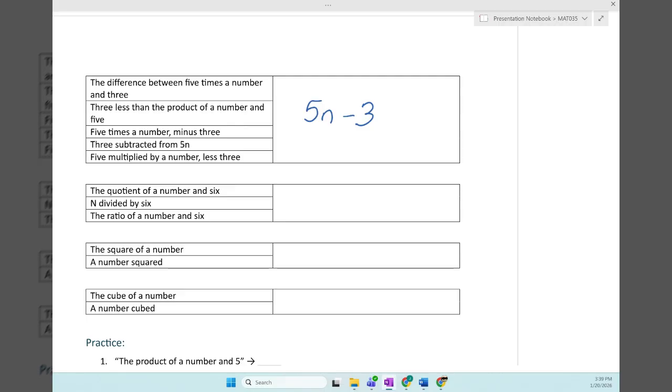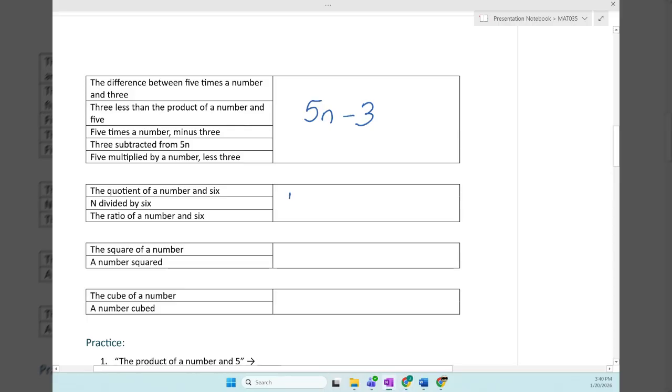So there are actually a couple of ways that we can write this. Take a minute and see if you can come up with a couple of ways to write this. So a couple of ways that we can write this when we have the quotient of a number and 6.